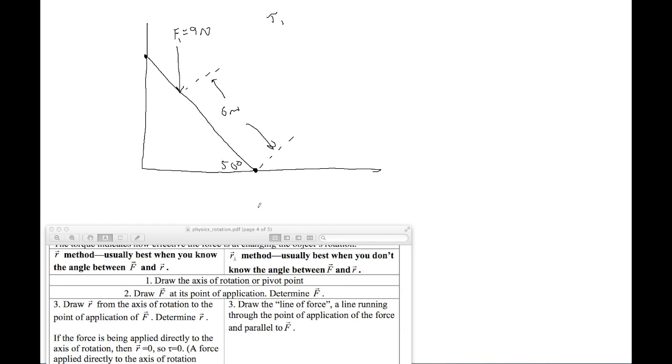And the torque would equal 9 times 6 cosine of 50 degrees. So my torque would be negative 34.7 Newton meters. Negative.